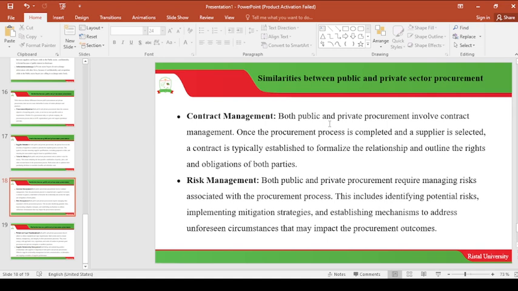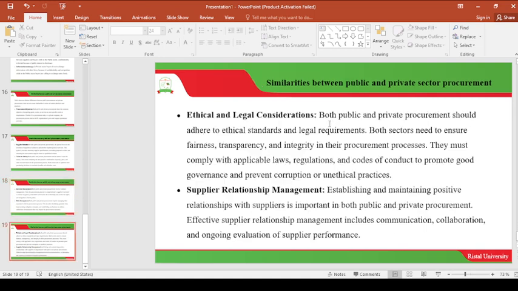Before we conclude, we shall also talk about the ethical and legal considerations. In both public and private procurement, they should adhere to ethical standards and legal requirements. Both sectors need to ensure fairness, transparency, and integrity in their procurement process.